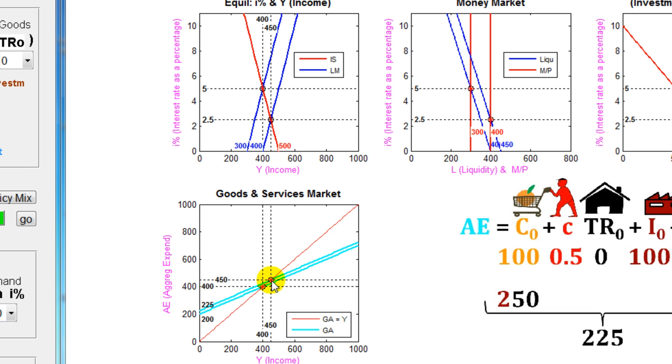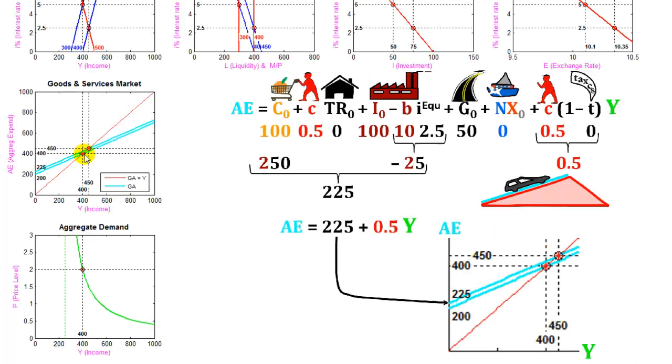So we can see again that we are not able to draw this line until we get the interest rate in equilibrium. So first we have to get the intersection between these two curves, and second we can draw this line. And finally, let's show what happened for the aggregate demand curve.